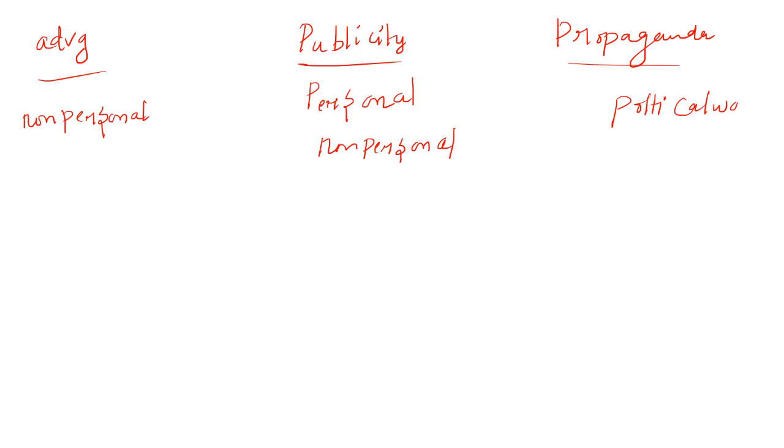Propaganda is majorly used as a form of political warfare, like a campaign. Advertising is always a commercial transaction, and it encourages sales of products, services or ideas. Publicity is not a commercial transaction.